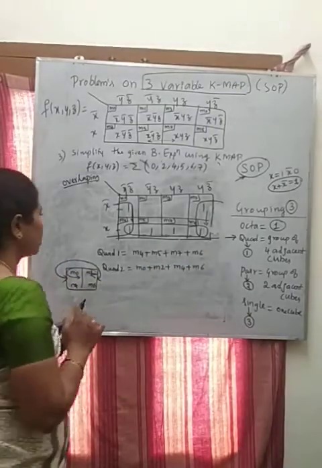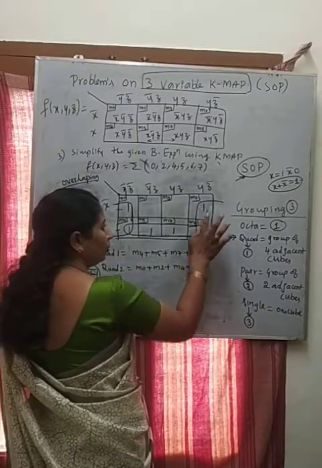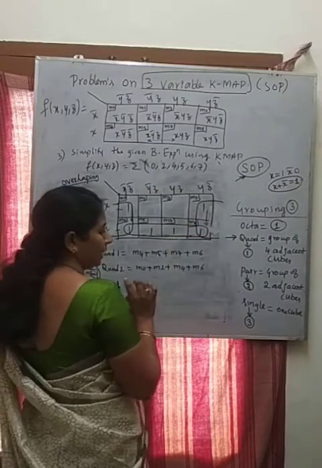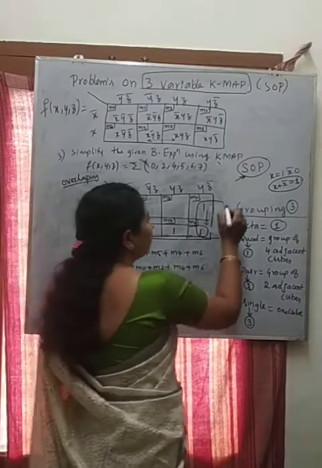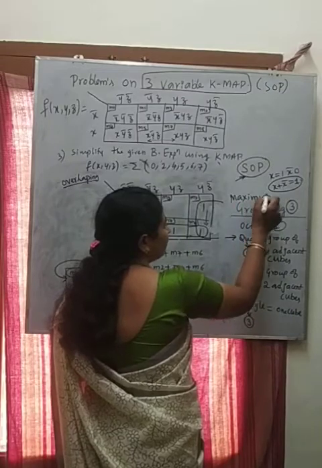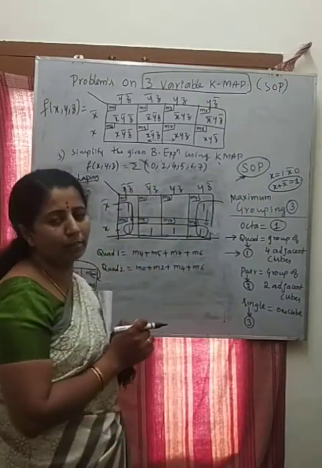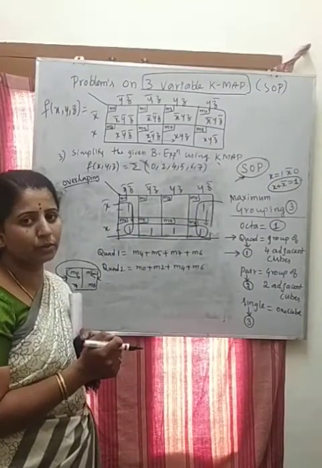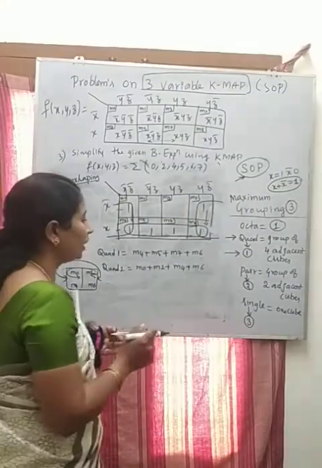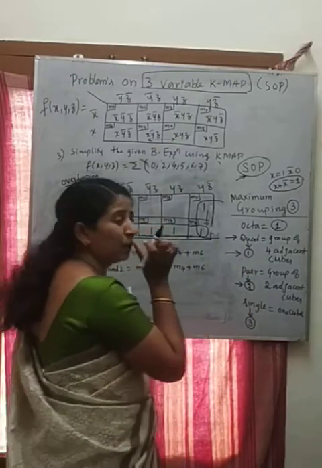You can ask the question, ma'am, M4 is already been grouped, M6 is already been grouped, why have you grouped again? Maximum grouping is important. Maximum group gives you more reduced variable. Pair gives you 2, quad gives you single variable.